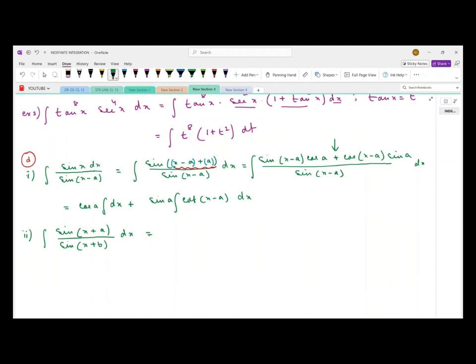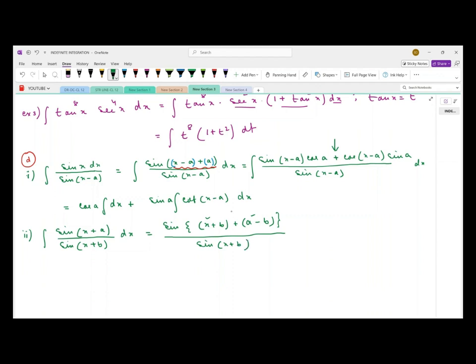Now, in this case, since there is an x plus b in the denominator, I will bring one x plus b, and this b is not there in the numerator, so we'll remove b, but a is there, so a minus b. So x and a were already there. I introduce a plus b and remove it by minus b. So this is the manipulation that I do by sine x plus b.